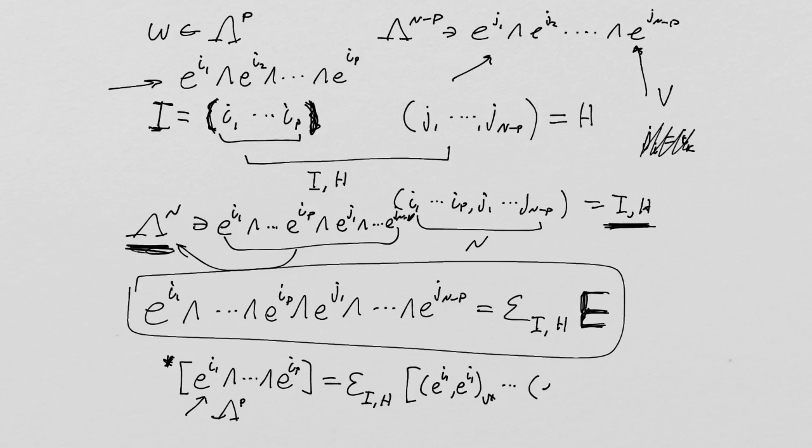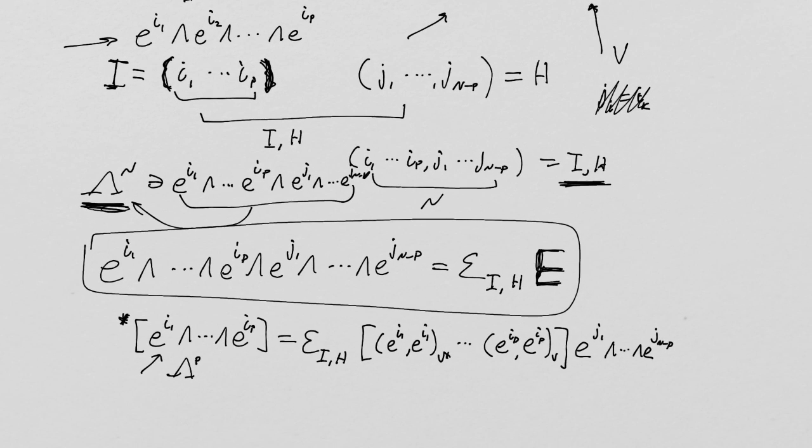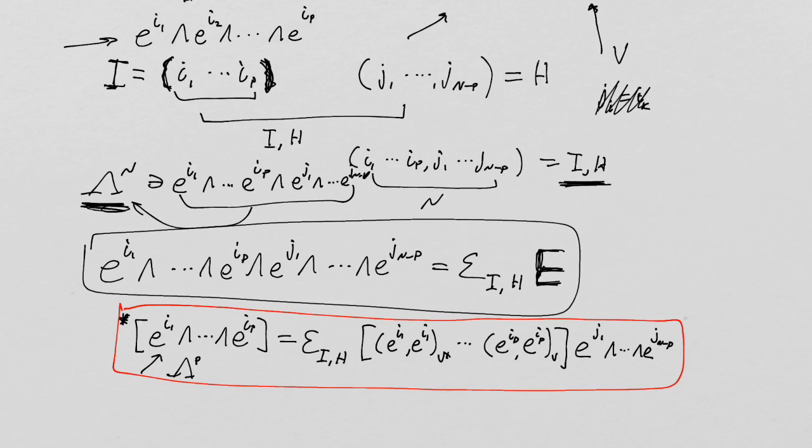And then over here, we have e_J1 wedge through e_J(n minus p). And that's the formula. That formula is the critical formula for the Hodge dual of an arbitrary basis vector or basis-like vector of an element of the pth exterior power.